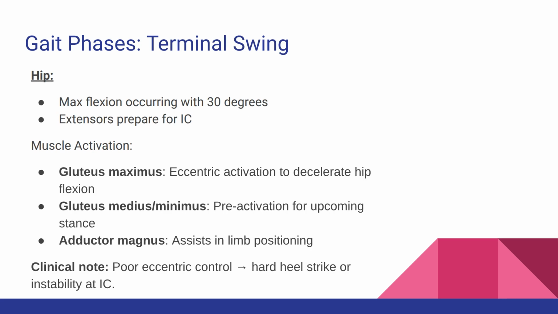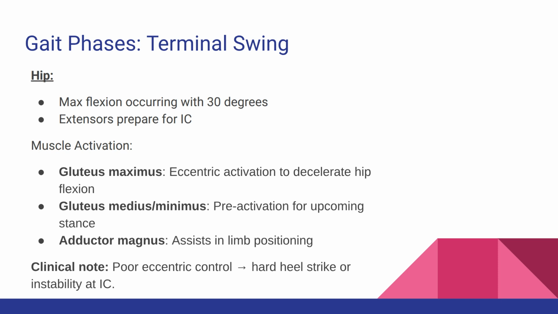Terminal swing prepares the limb for the next initial contact. The hip reaches approximately 30 degrees of flexion. At this point, the hip extensors, particularly the gluteus maximus, activate eccentrically to decelerate the forward motion of the thigh.